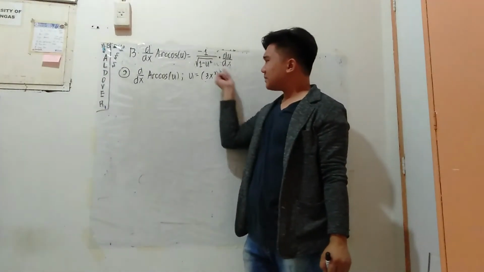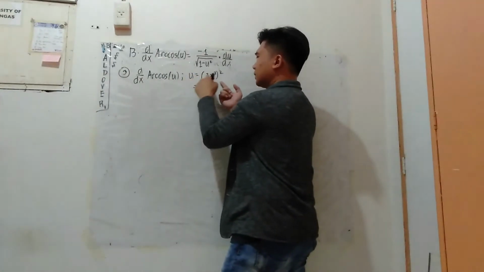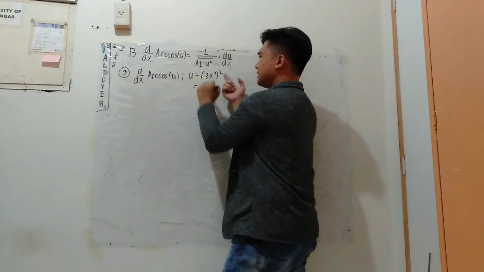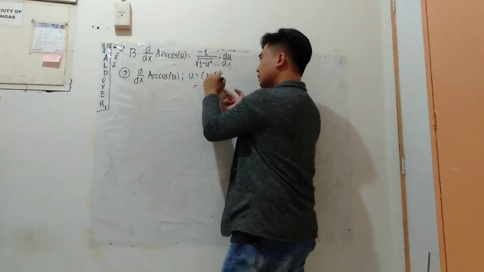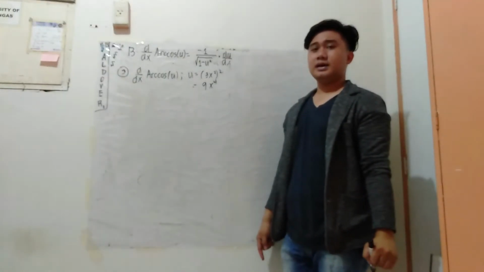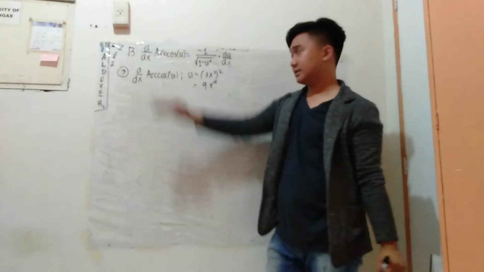As you can see, madali lang namang i-simplify yung 3x squared na naka-square. So 3 squared is 9, x squared na naka-square pa, x raised to 4. Madali na rin ito, kamukha na nito.